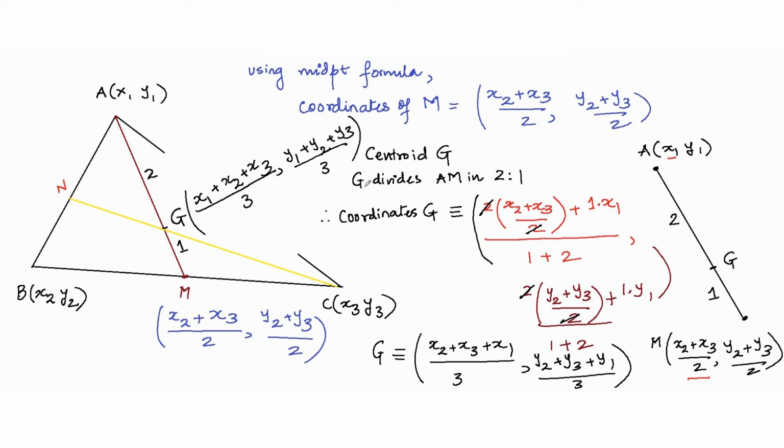In centroid, to find the x coordinate of the centroid, it is addition of the x coordinates of these 3 points divided by 3 and the addition of all y coordinates divided by 3. This is how you can see a pattern between the midpoint formula and the centroid formula. So I will pause for a minute while you take a look at this derivation and then we shall continue.